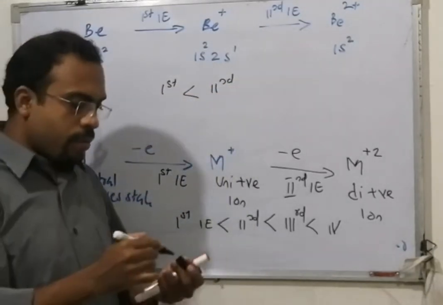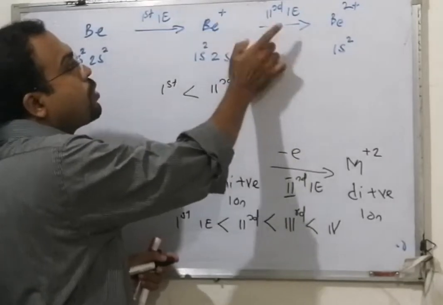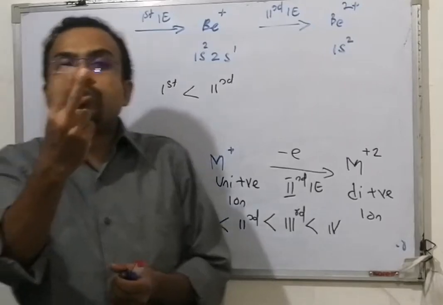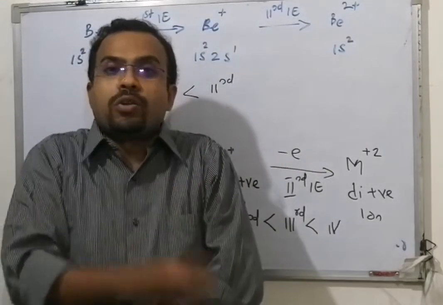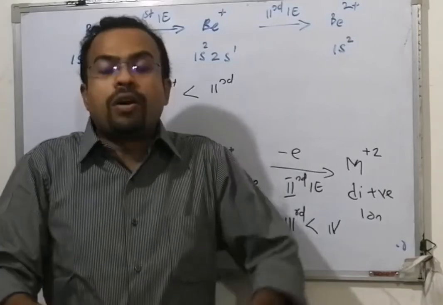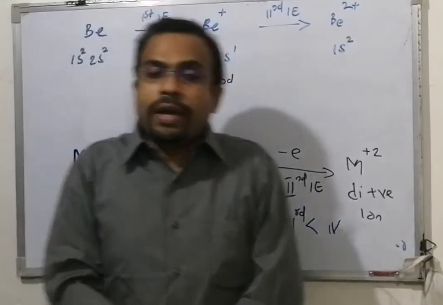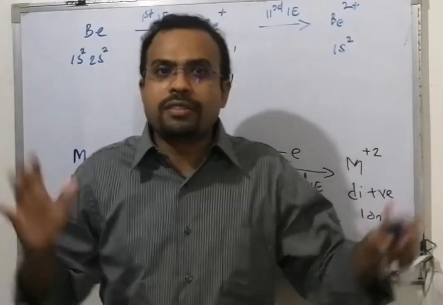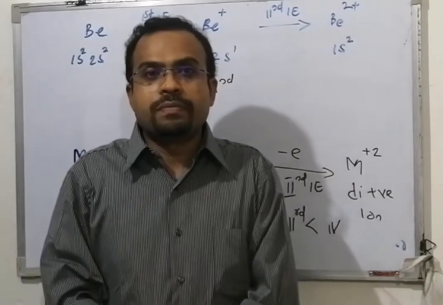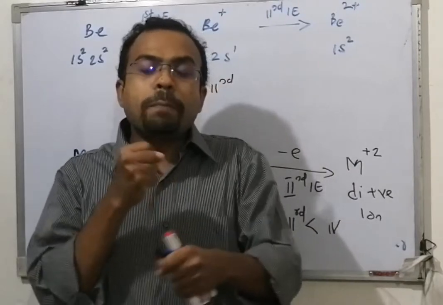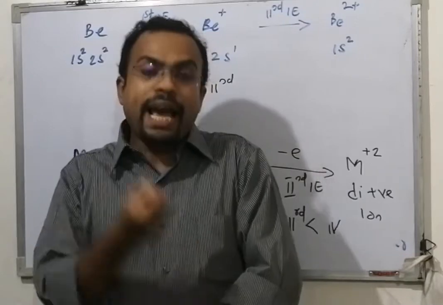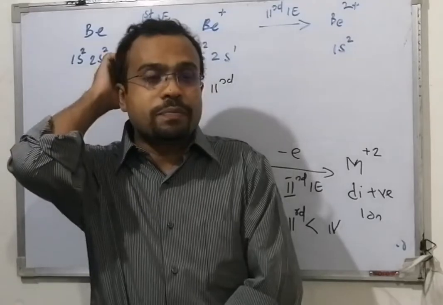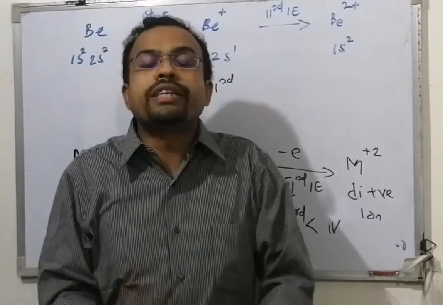You know the reason, because the second electron is removed from a positively charged species. Imagine you have two seeds in your hand. You are holding that. Your younger brother came and snatched one seed. You will protect, but somehow he managed. The energy put up by your brother to snatch away the first seed is called the first ionization energy. Now you are holding the second one.